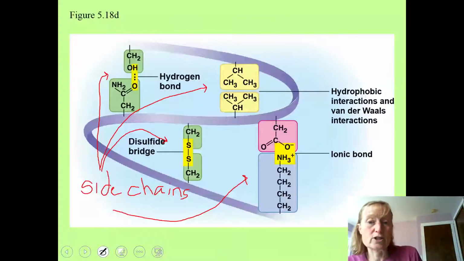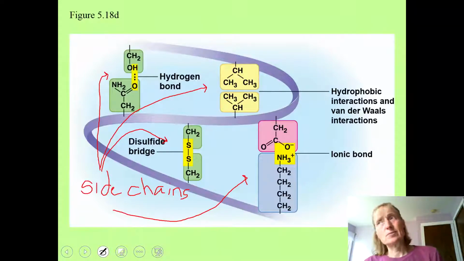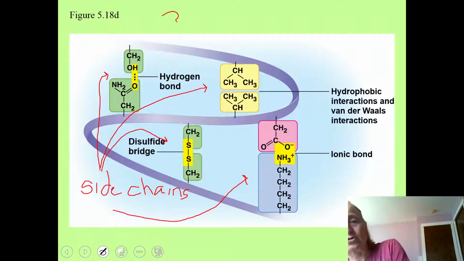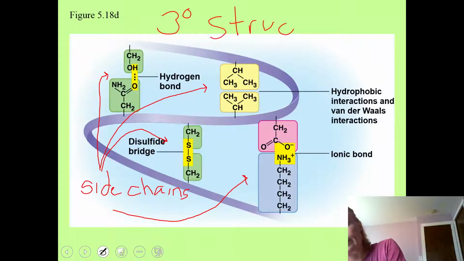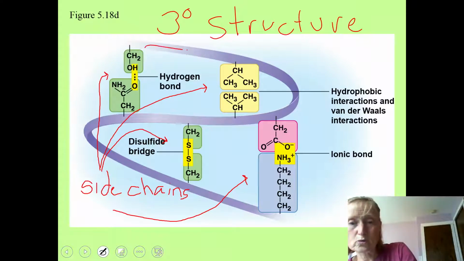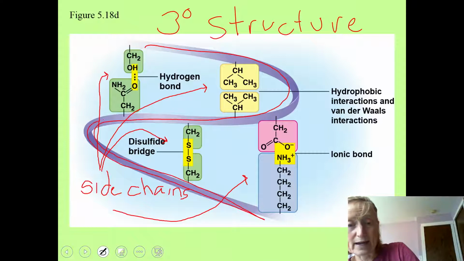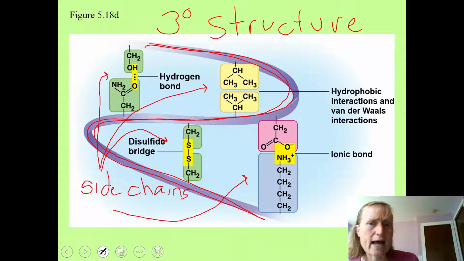This is a picture that shows us something about the tertiary structure. Okay, so we've got this purple ribbon. That represents the backbone of amino acids in this molecule. And then we've got these different colored side chains. Oh, and side chains are forming different kinds of bonds.